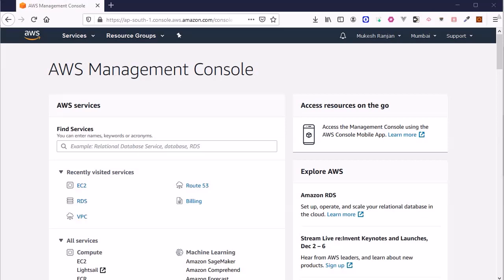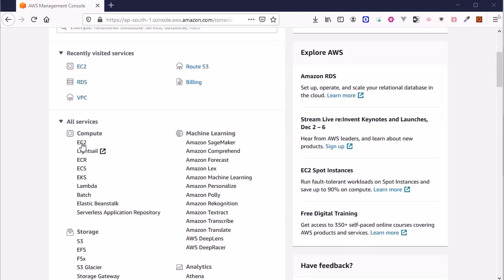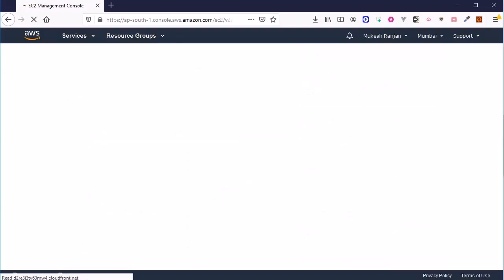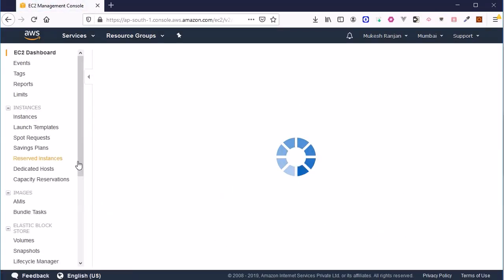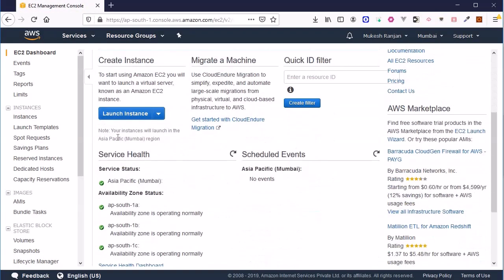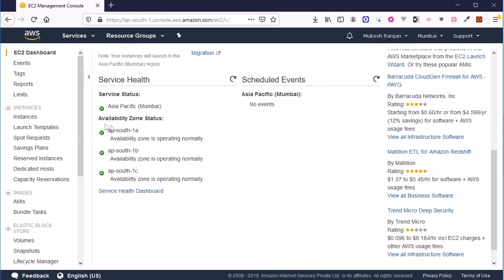Now moving further, how do we identify how many availability zones are available? The easiest way is to come here and within the compute option, click on EC2 and it will take us to the EC2 Management Console. And here you will find that we have a total of 3 availability zones in the Asia Pacific region.